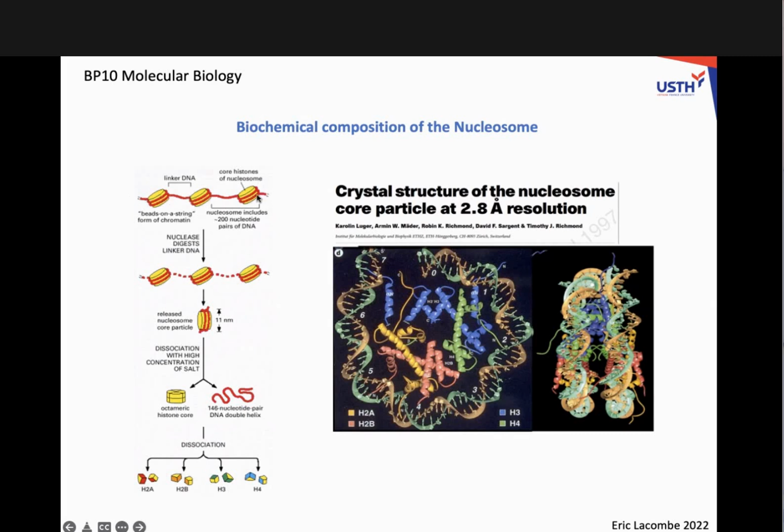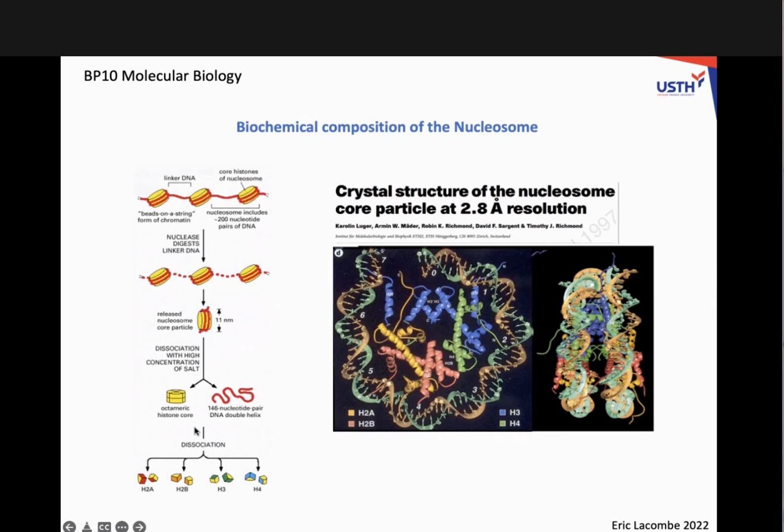Here, this is the typical configuration of euchromatin, so relaxed chromatin. We've got the nucleosome, 2 rounds of DNA around this octameric complex, then a linker DNA, which is a part of the genomic DNA that is not involved in the nucleosome, and the core histone, which is symbolized by this orange cylinder.